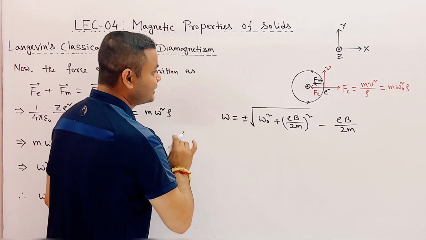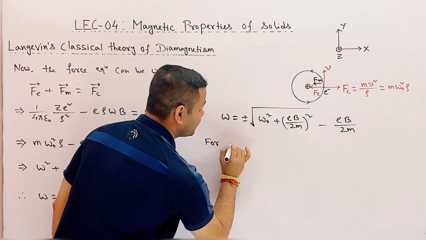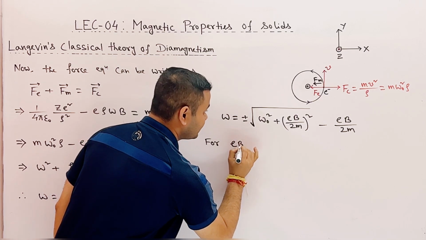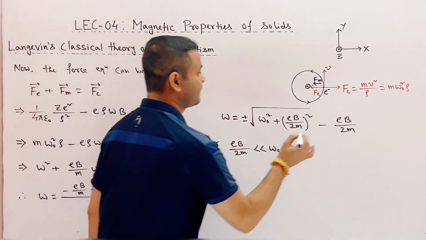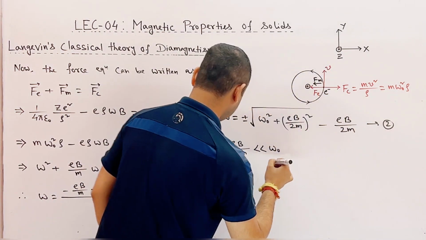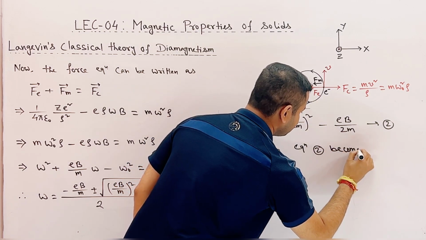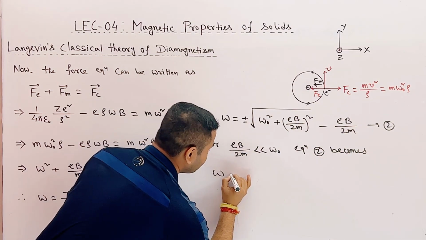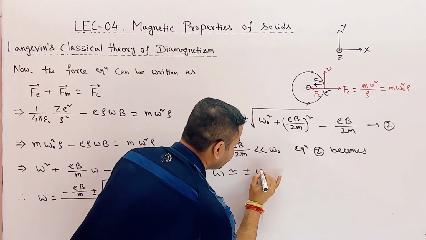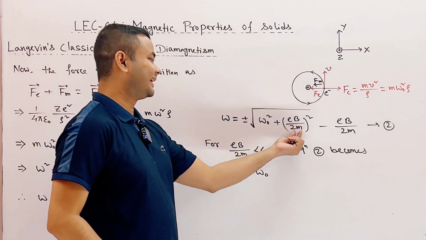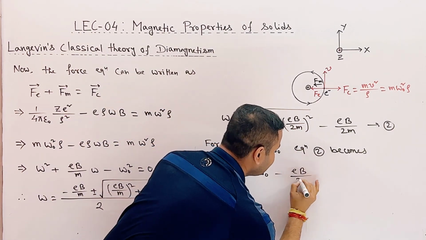Now let us take one special case. For eB divided by twice m very less than omega naught, this equation 2 becomes omega almost equal to plus minus omega naught, because in this case we can neglect this term, minus eB divided by twice m.